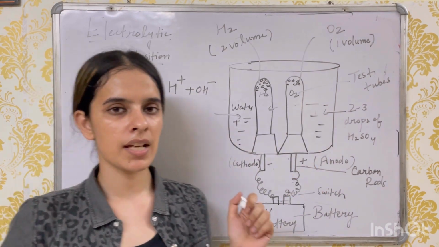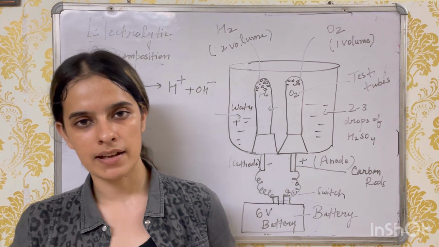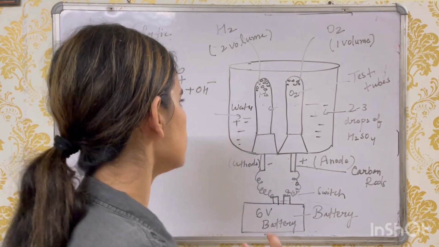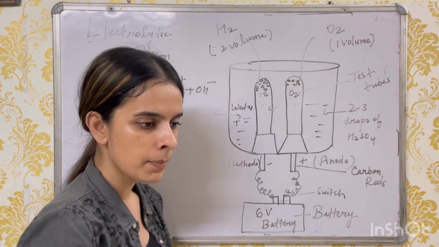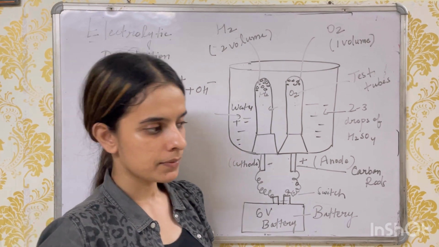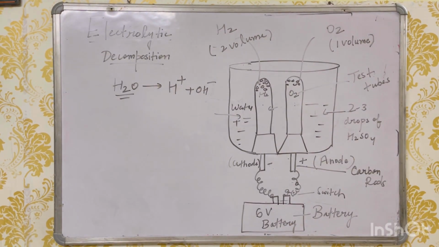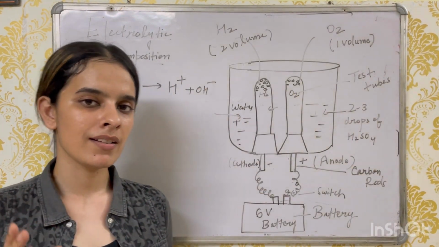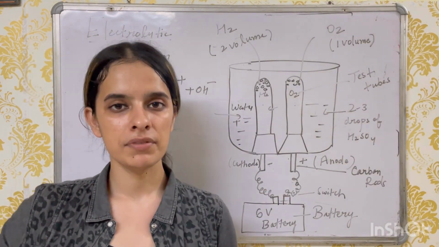How will we come to know that it is hydrogen gas or oxygen gas? We will take a test tube and take the burning candle near the mouth of the test tubes.